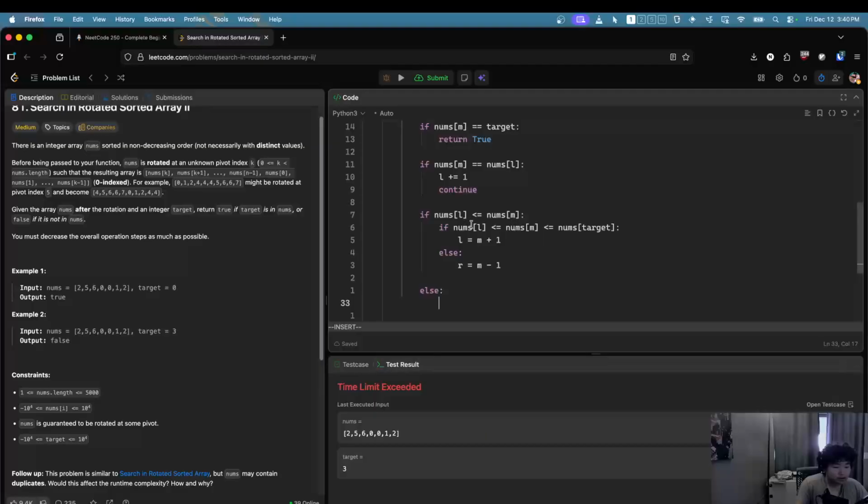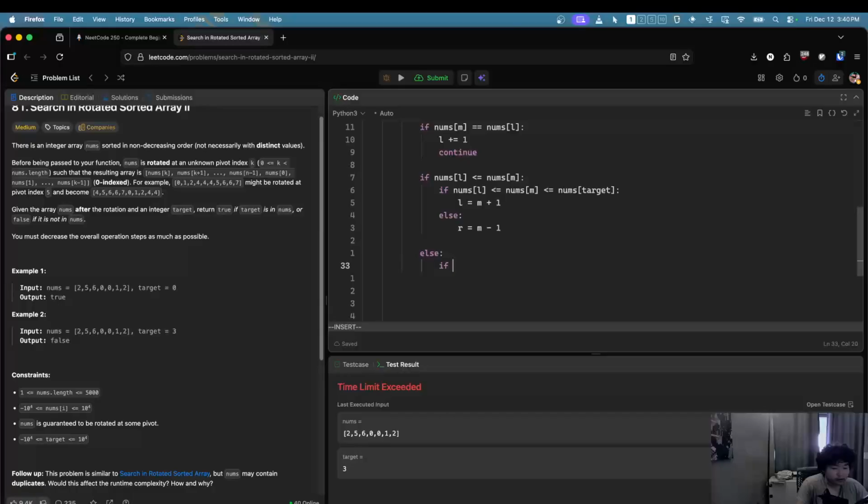Now let's say you're in this scenario. That's saying the left is bigger than the middle. For example, like this scenario. The left is bigger than the middle. That means you're exactly at the pivot, right?